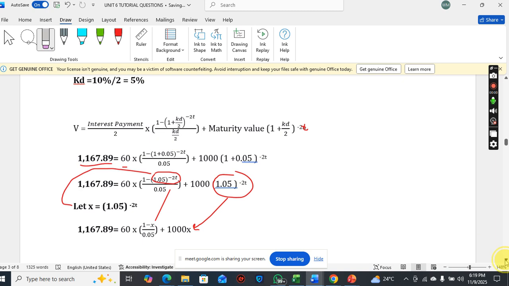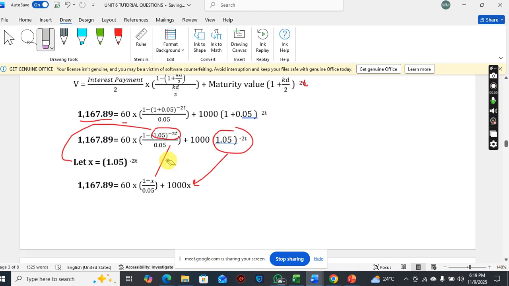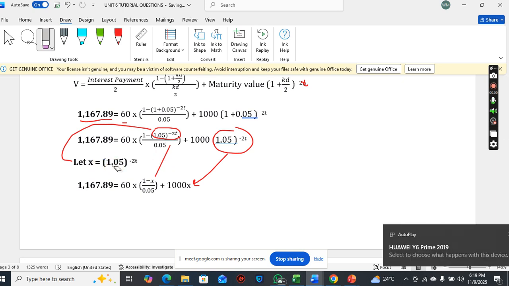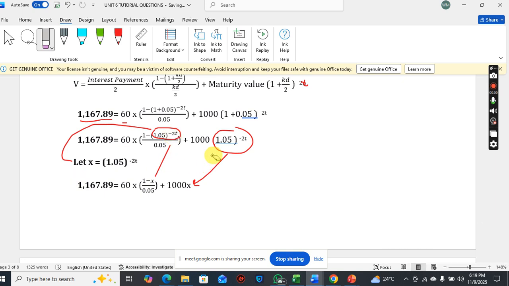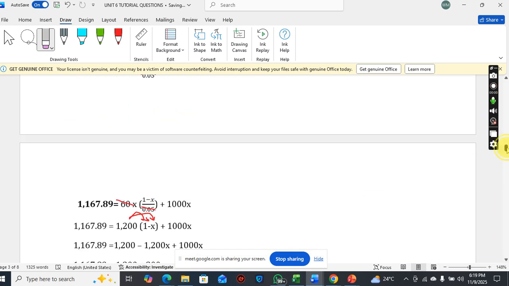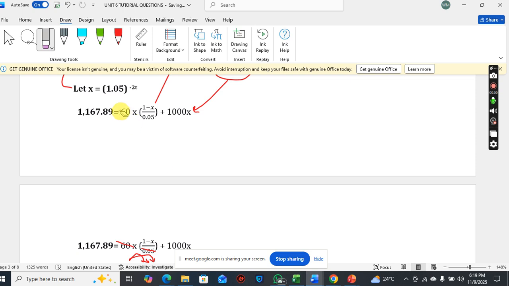Yes. So, colleagues, you just make this substitution for x. This thing which is attached to the power negative 2t, just substitute it with x. To make your calculations easy, just cross out this 60 and this 0.05, divide these two, so that you remain with this 1 minus x here.